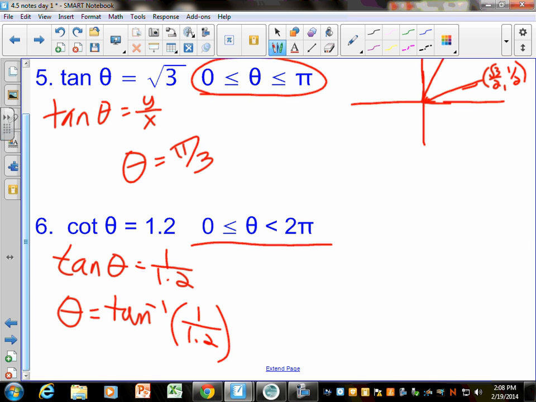So in radian mode, you should type that in your calculator, and it should give you an answer. Inverse tangent of 1 over 1.2 is, that's telling me that at about 0.69 radians, the tangent, or the cotangent, is 1.2.